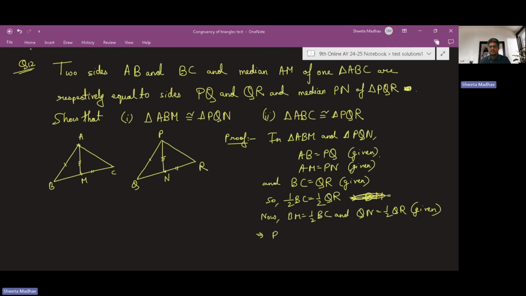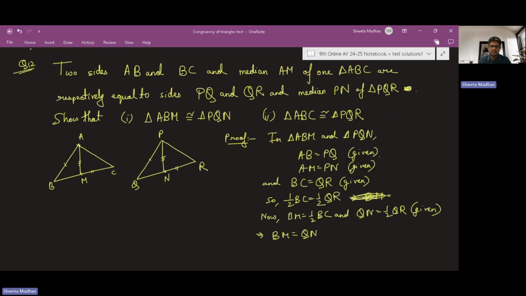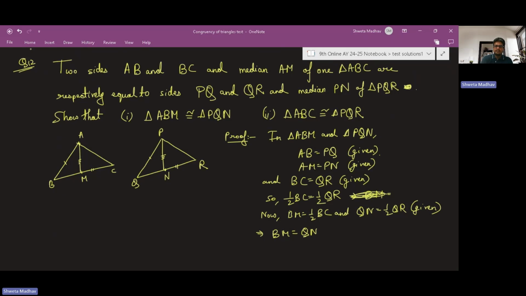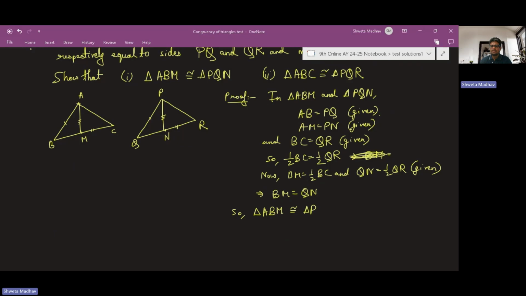So therefore I can say that BM is equal to QN. So hence we can see that in triangles ABM and PQN, AB is equal to PQ, AM is equal to PN, and BM is equal to QN. So hence we can say that triangle ABM is congruent to triangle PQN.